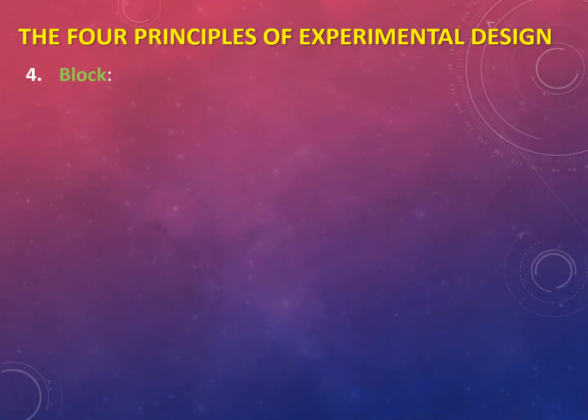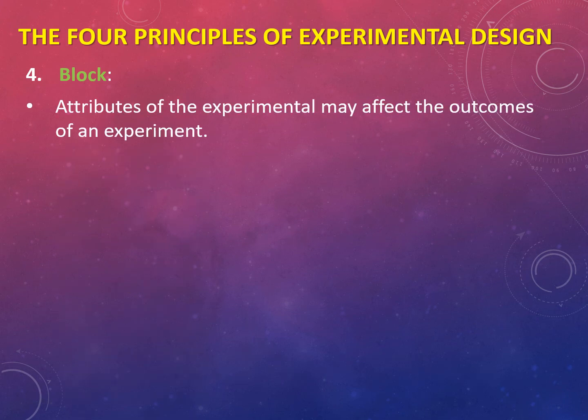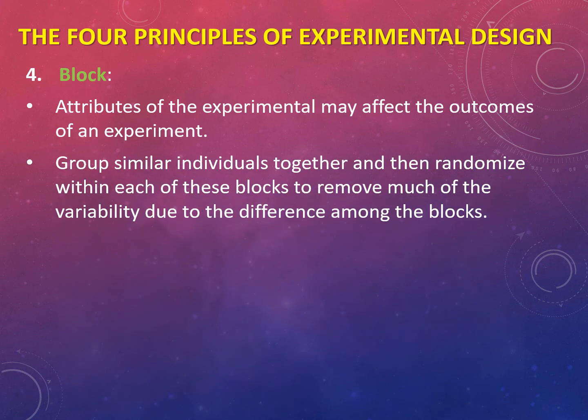and the last step is to block. And this is one of the hardest ideas to wrap your brains around out of everything that we have here. The purpose of blocking is, okay, I know that there are certain types of characteristics that can affect my outcome. So we take any group of individuals or experimental units, and we say, okay, these have this type of characteristic that I think will affect the outcome, these don't.